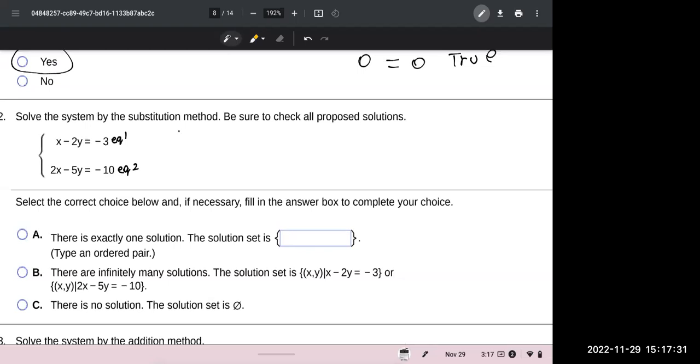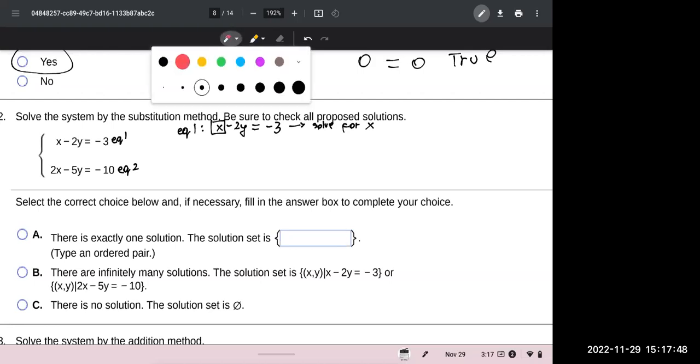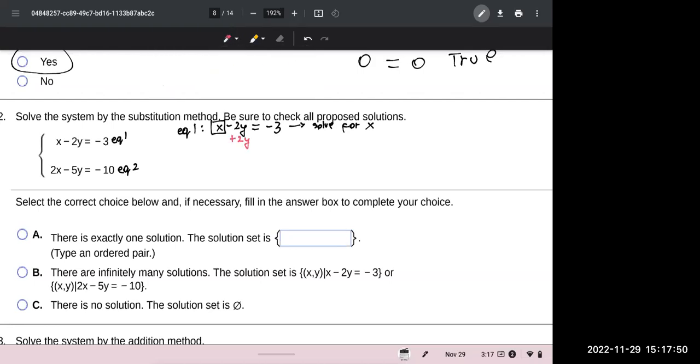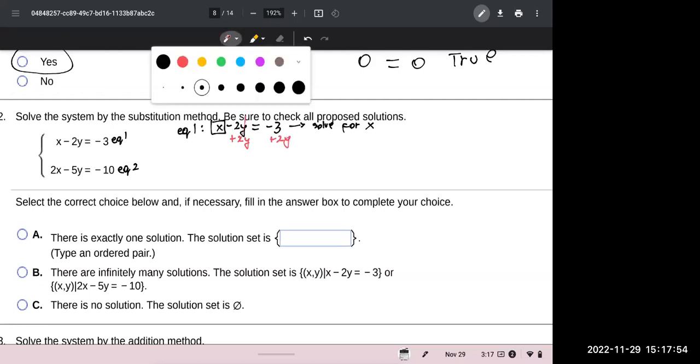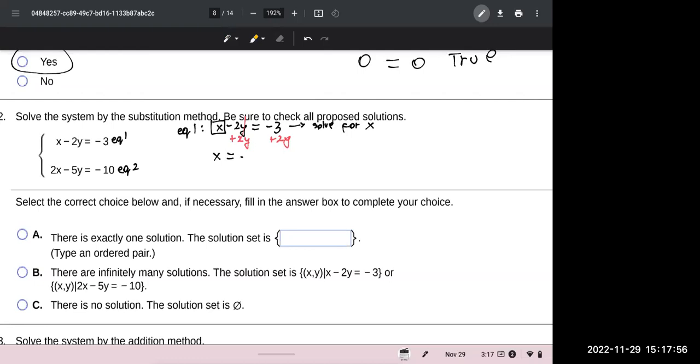So I'm going to pick equation 1 because it looks easier to me. And I'm going to solve this equation for x. So I need to isolate x on the left side, which means I will have to add 2y to both sides. And that will give us x equal -3 plus 2y.